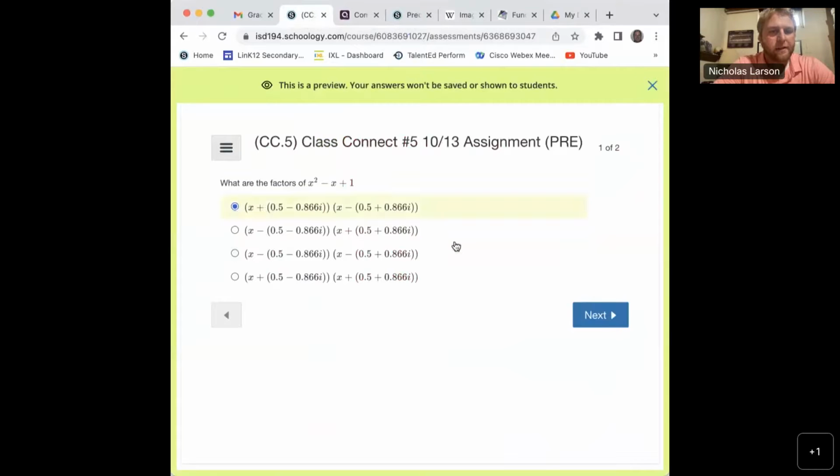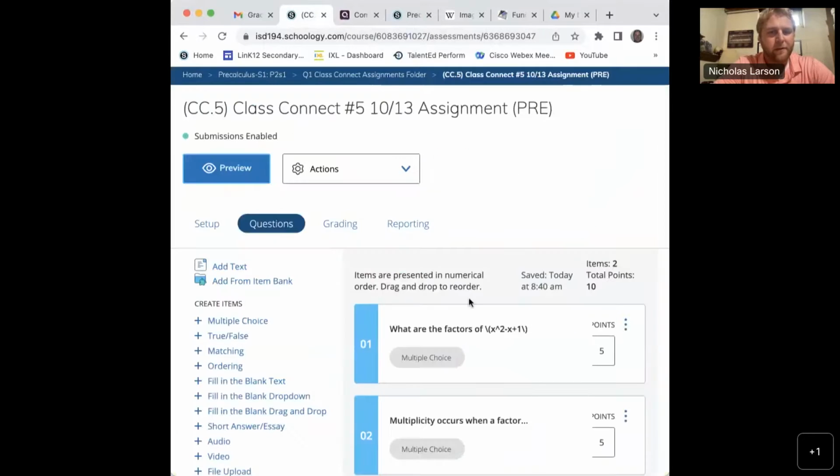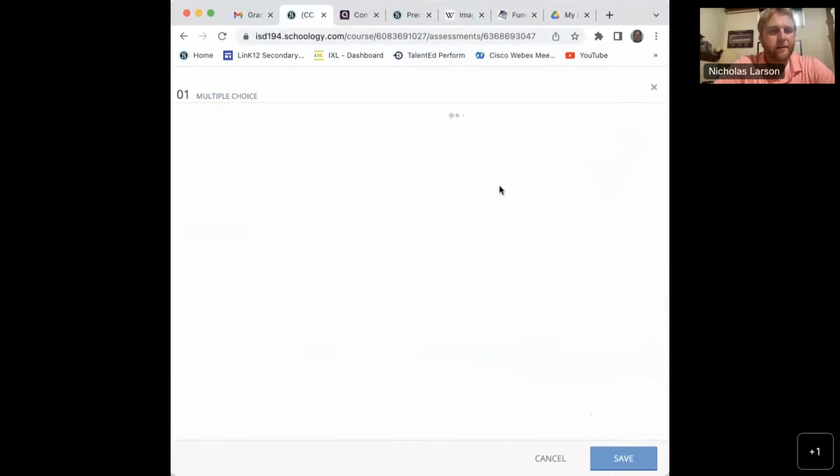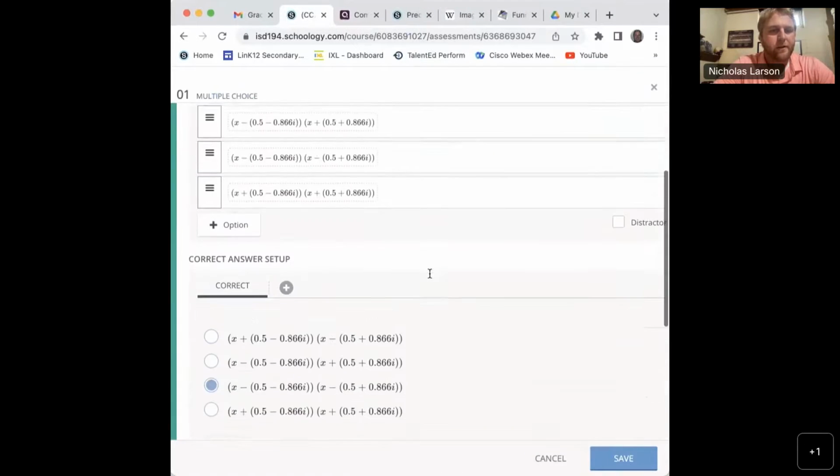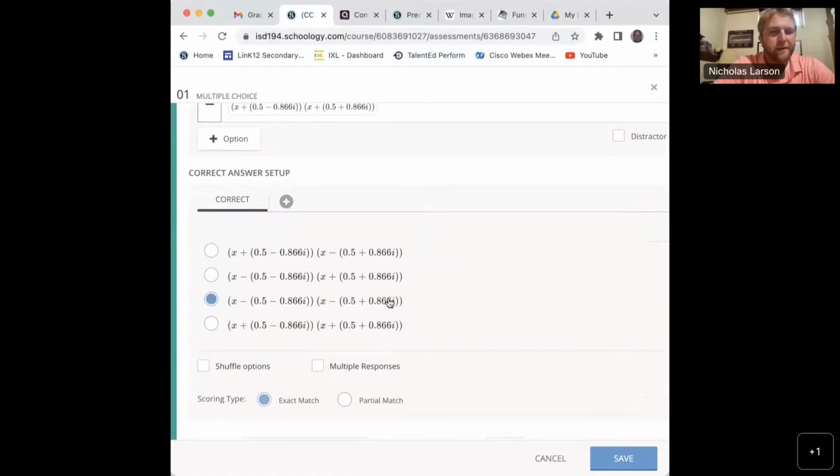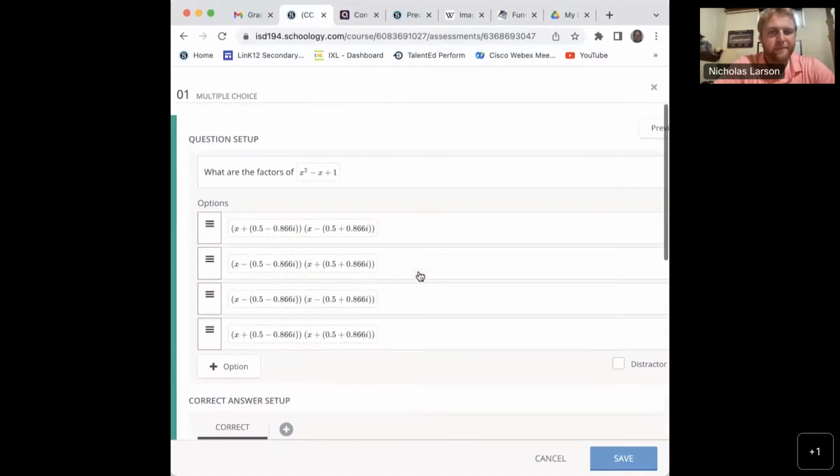Either of these would be correct, technically. Let's see which one I put. We put C, x minus (0.5 minus 0.866i) and x minus (0.5 plus 0.866i). So letter C.